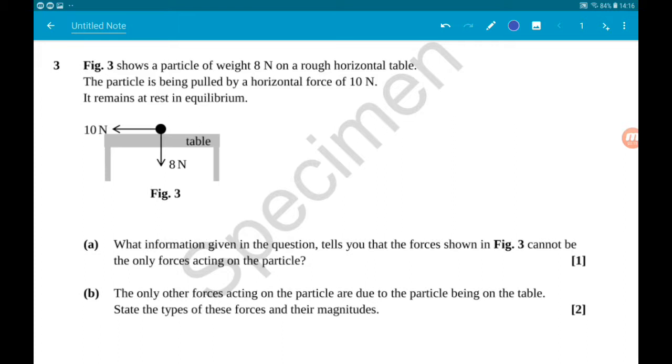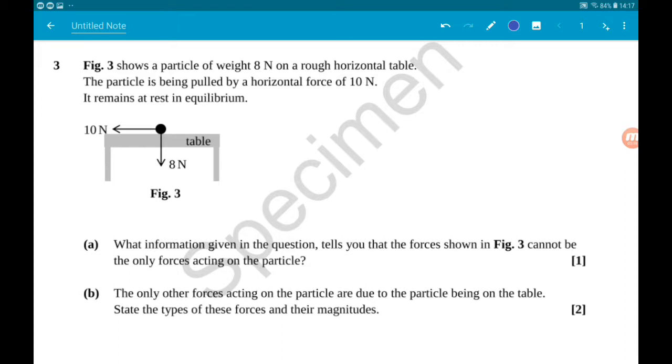Then part B says the only other forces acting on the particle are due to the particle being on the table. State the type of the forces and their magnitude. Okay, so for the particle to be in equilibrium, horizontal forces need to be equal and vertical forces need to be equal. So, if there is a 10 Newton force pulling the particle left, there has to be a 10 Newton resistive force acting to the right.